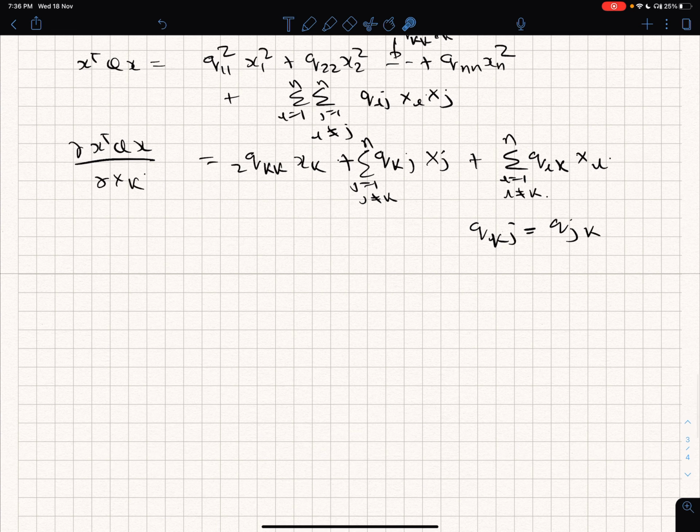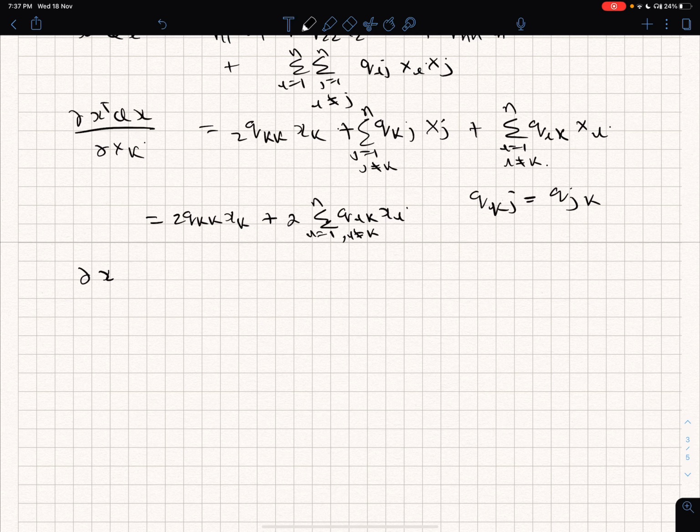So this is going to be equal to 2qkk xk plus 2 times the sum over i equal to 1 to n, i not equal to k, of qik xi.